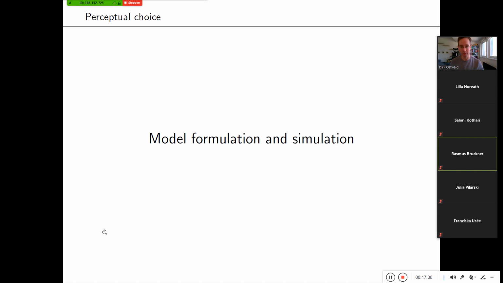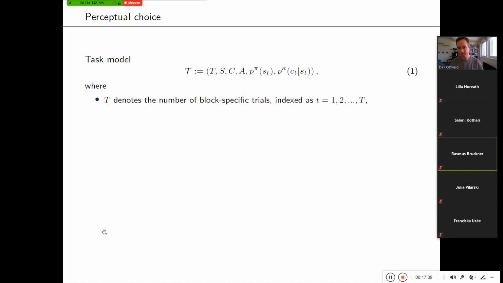So first, model formulation. This is where these general principles now start to get some content in terms of mathematical terms. So for this kind of task that we describe here, we actually have a task model, and our models we always describe by these tuples.